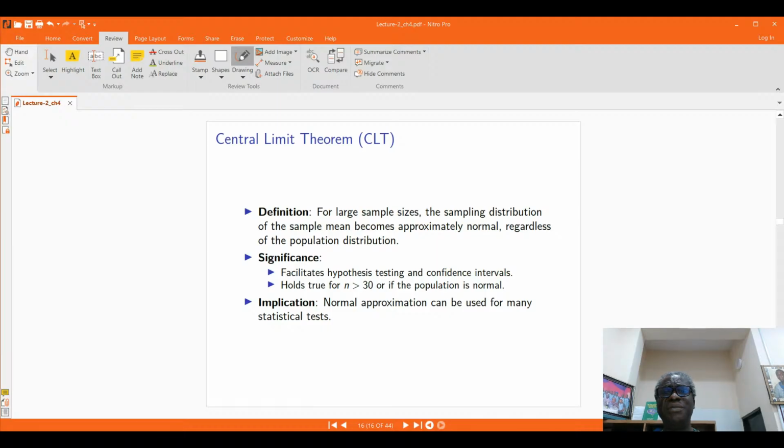It's a powerful theorem in statistical inference, and we are just giving the basic application here. And what does this theorem say? It says that for large sample sizes, the sampling distribution of the sample mean becomes approximately normal, regardless of the population distribution.